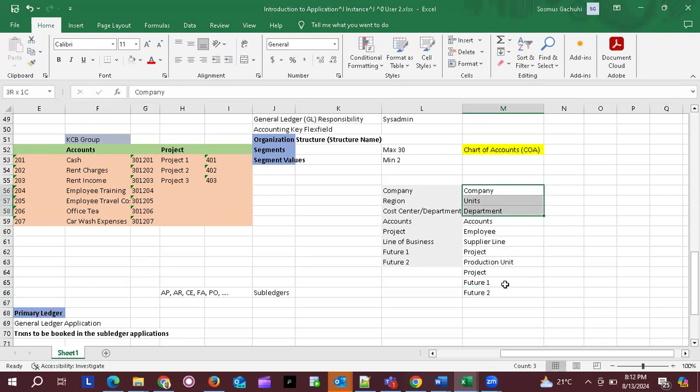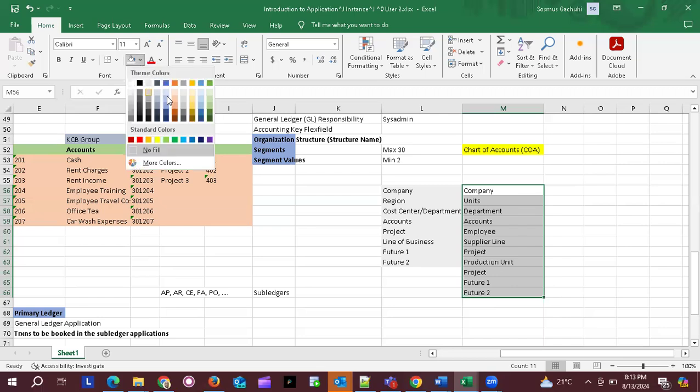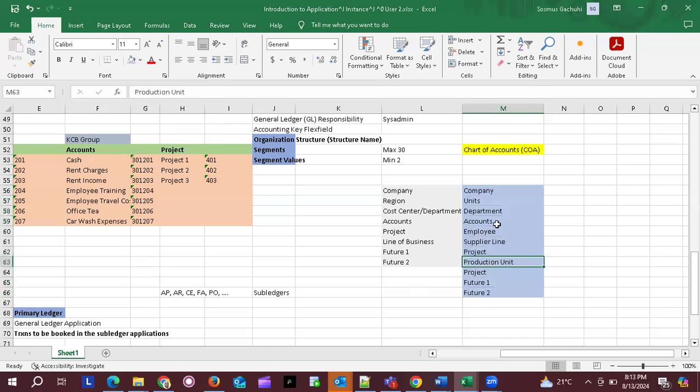So how many are these? There are 11. So as a consultant, you're supposed to sit with the business and advise them on how they may need to reduce this chart of accounts or these segments to be not more than 9.